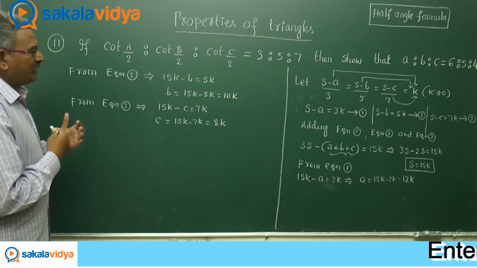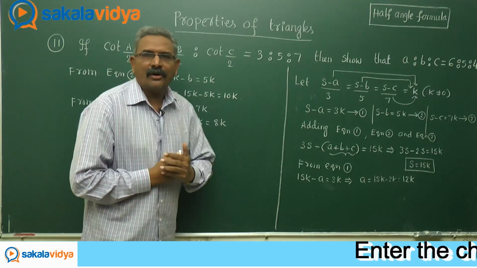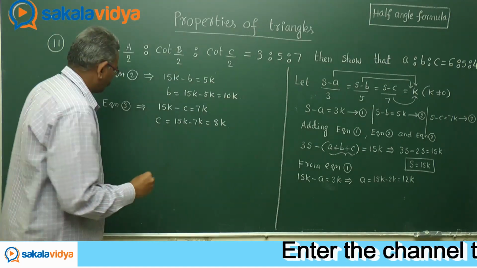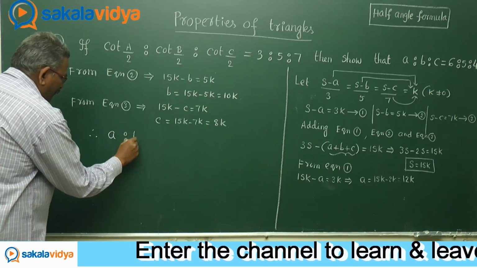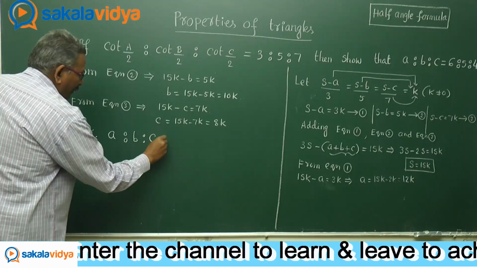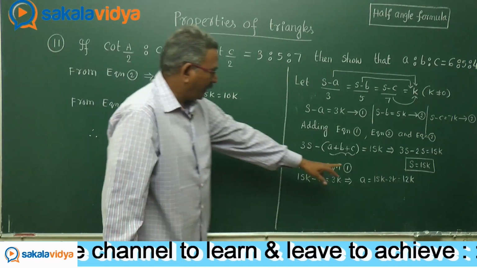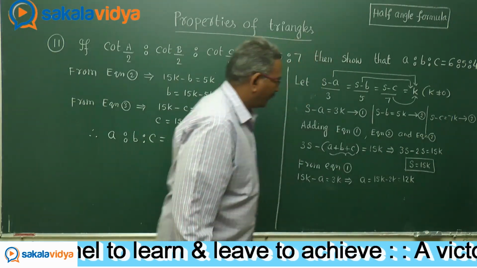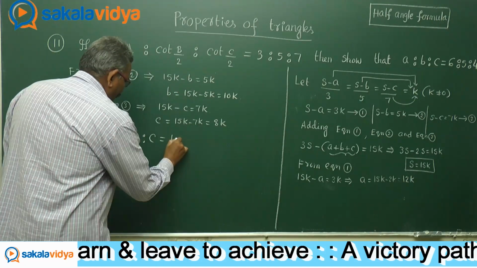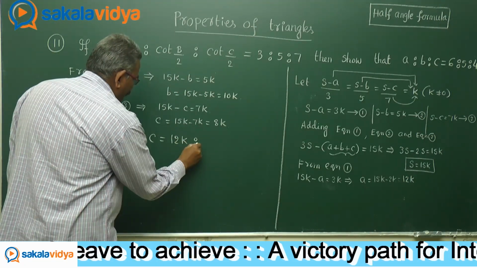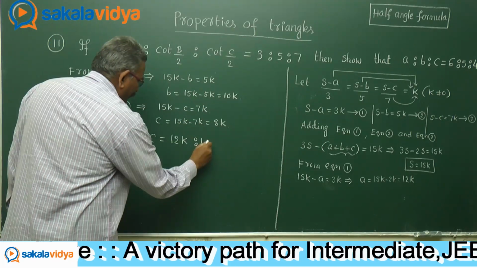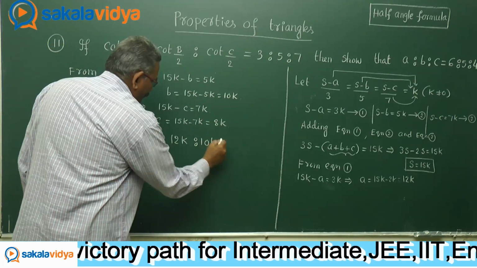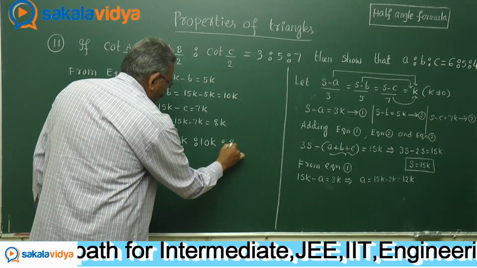Now we need to find the ratio among A, B, C. Therefore, A is to B is to C, where A equals 12k, B equals 10k, C equals 8k.